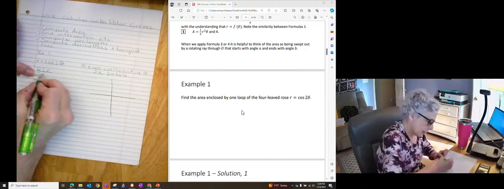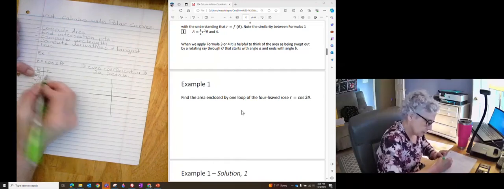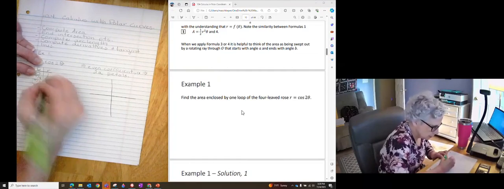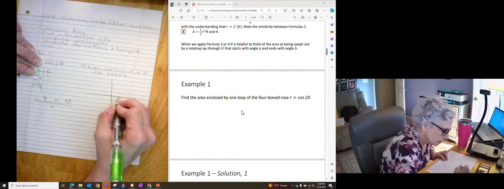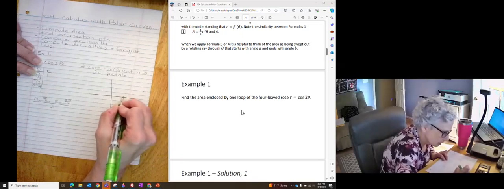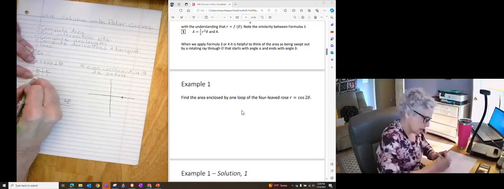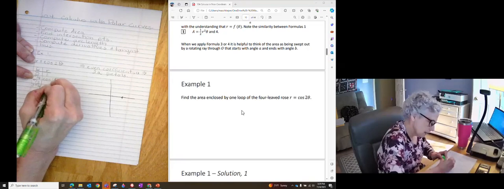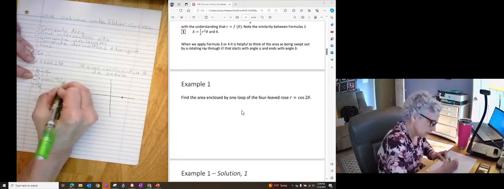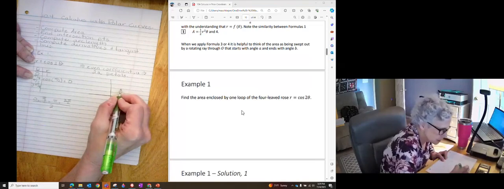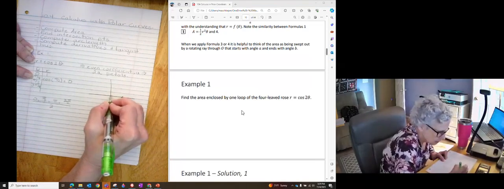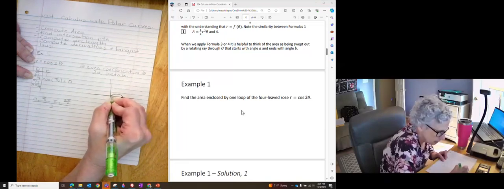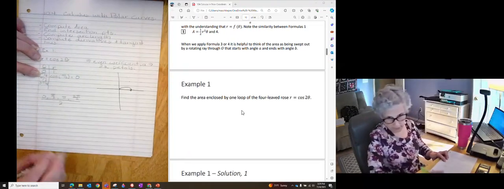So I plug in 0. I have cosine of 2 times 0, which would just be 1. So we'll put 1 right here. I plug in pi over 4, I get cosine of 2 times pi over 4, which is pi halves, which is 0. So by the time we get to pi over 4, we're already back to 0.